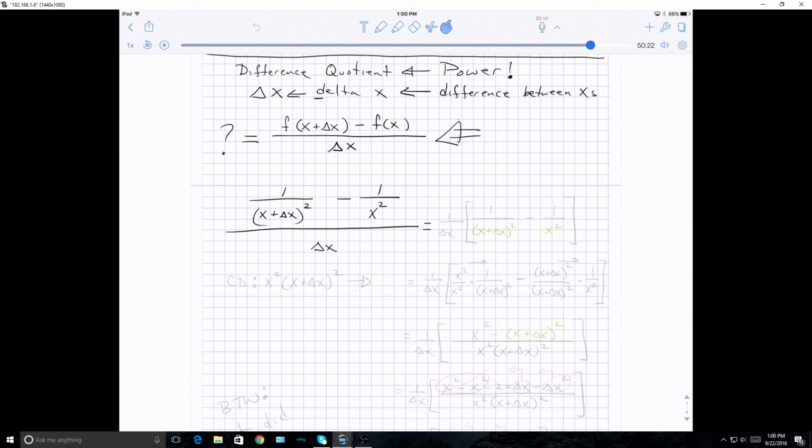So let's actually make common denominators first. Well, all right. So let's do that. Let's factor out the delta x. So 1 over delta x times this whole monstrosity.